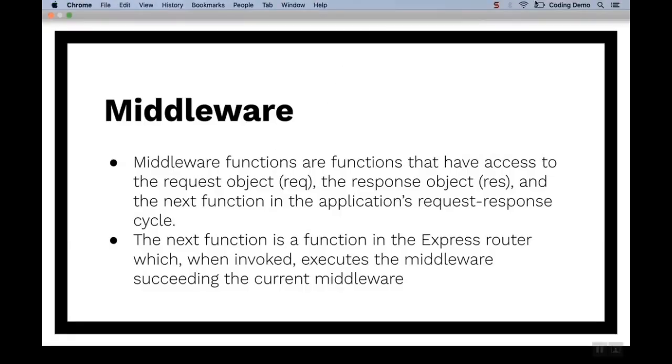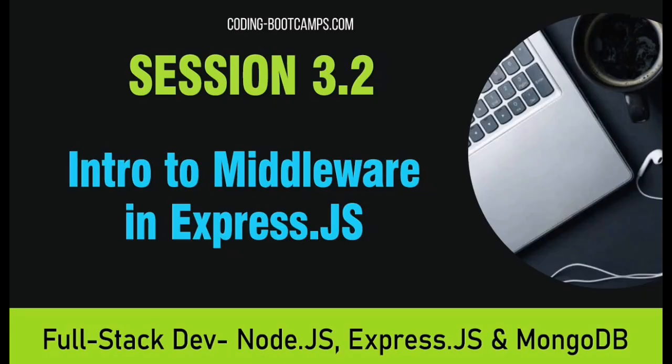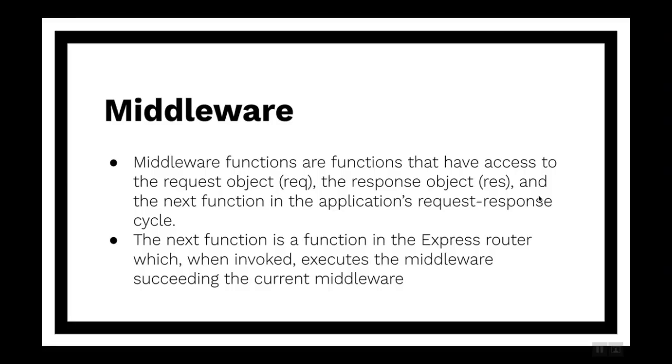Alright, let's look at middleware. So middlewares, as the name suggests, come in the middle of something. In this case, they come in the middle of the request and response cycle.